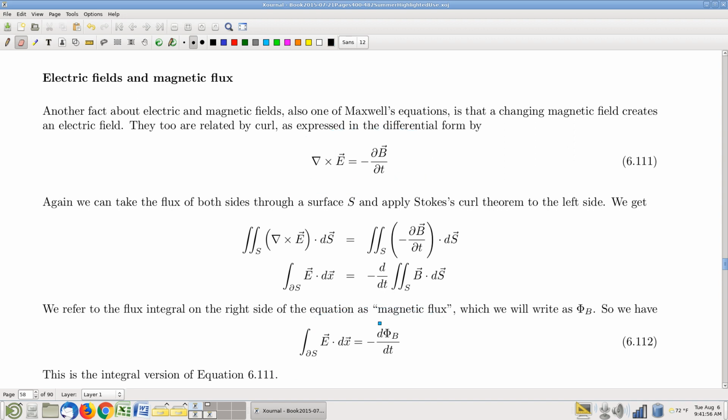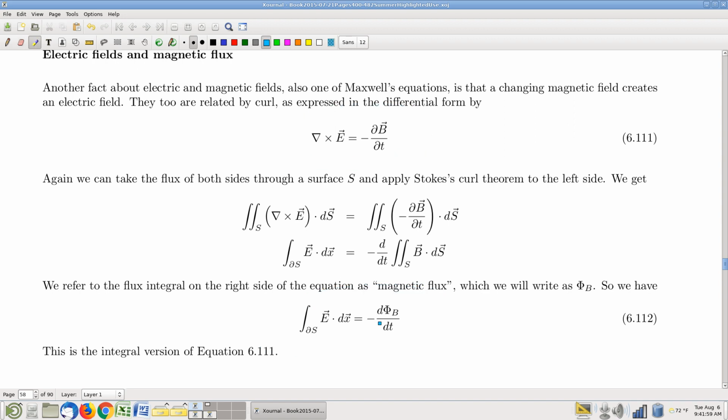Now, real quick, for those of you who are engineers or interested in engineering, this is the big idea behind how electric generators work. That's pretty neat. I think this is worth taking a moment.